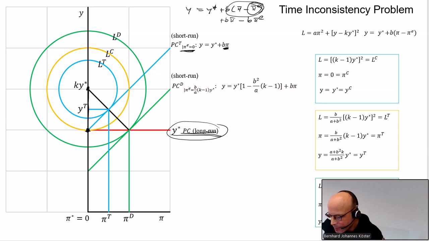So this blue Phillips curve is situated a little bit above the green one of the discretionary part, where this is shifted a little bit downward due to a non-zero expected inflation rate.